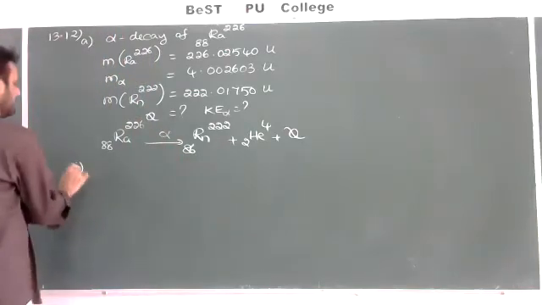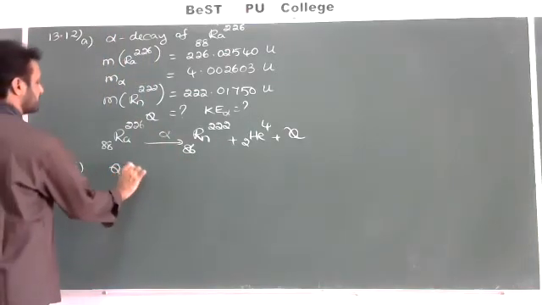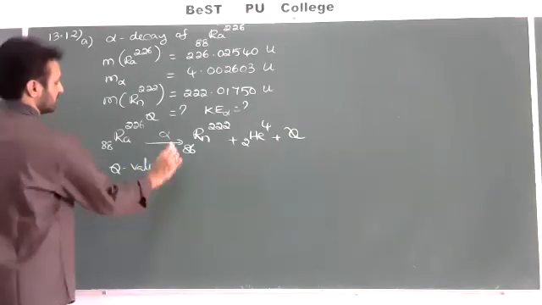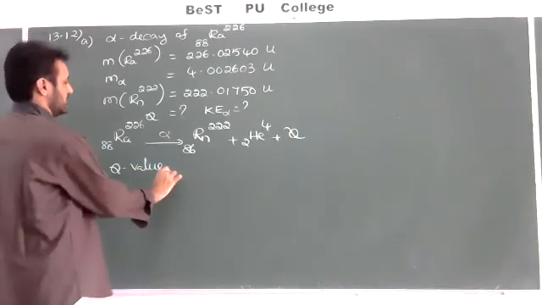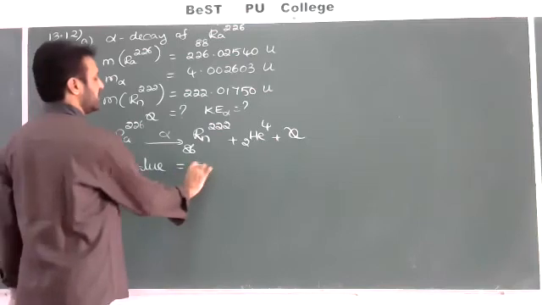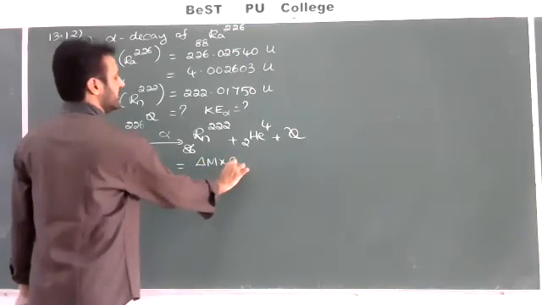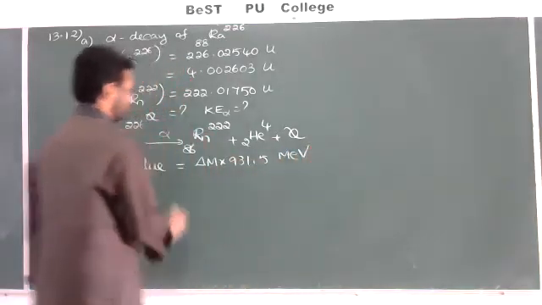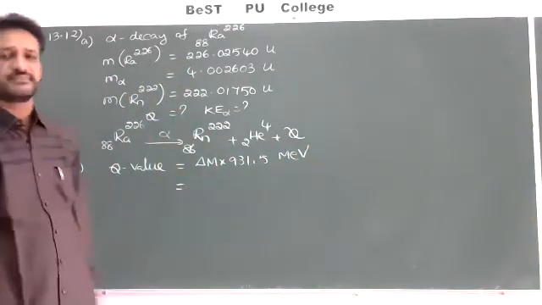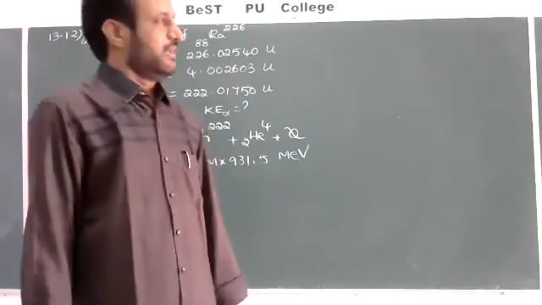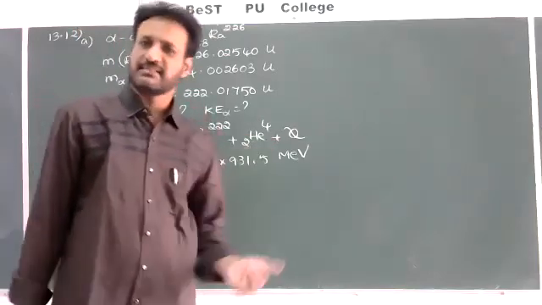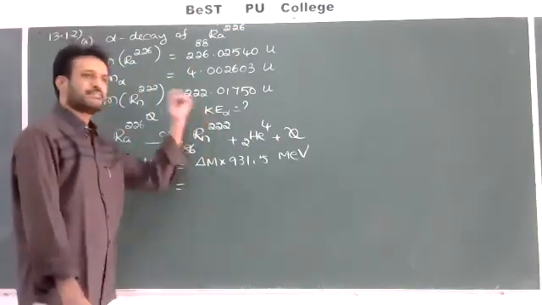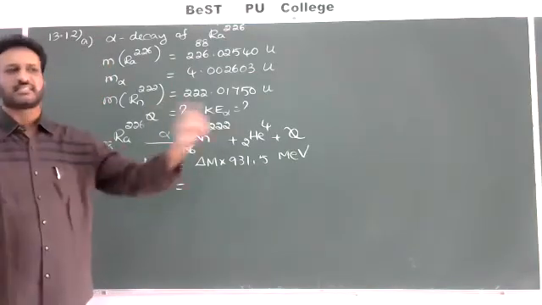I'll calculate the first one, the Q value of the reaction. Q value of the reaction is equal to delta M into 931.5 mega electron volt, or million electron volt. But what does delta M mean? No need to follow the Z Mp plus A minus Z into Mn formula. It is the mass of the reactants minus the mass of the products.